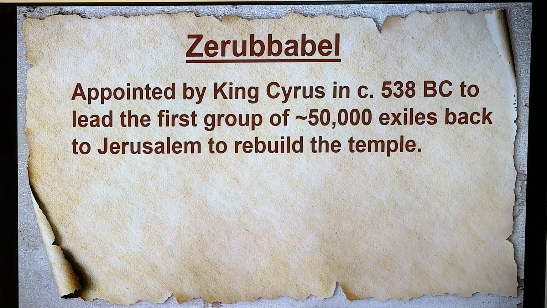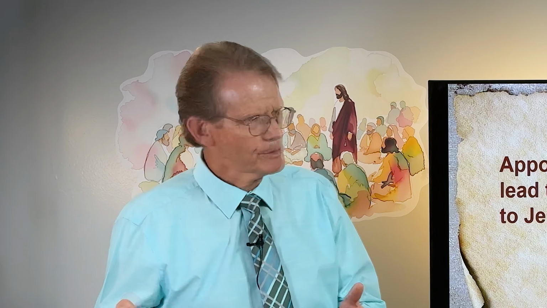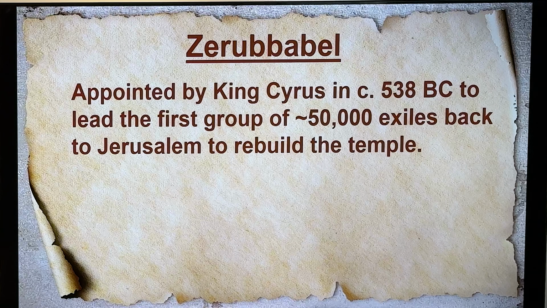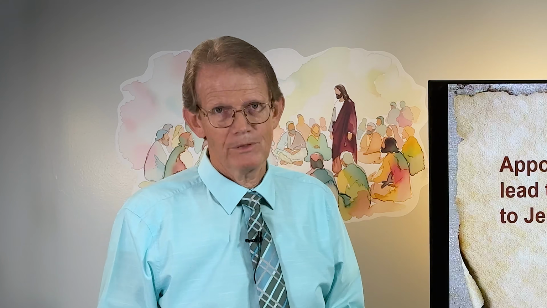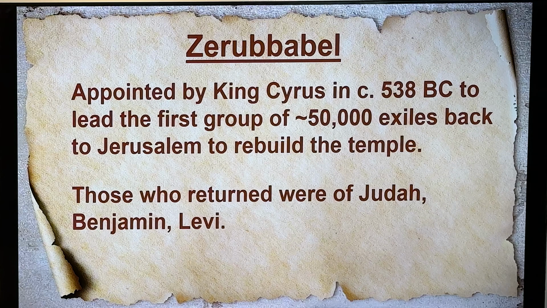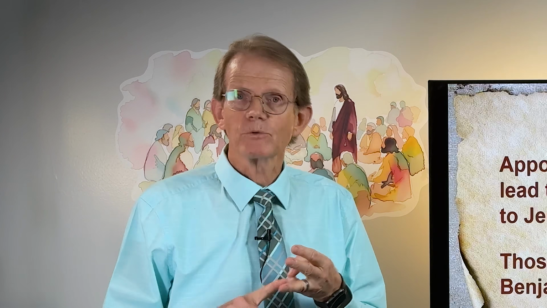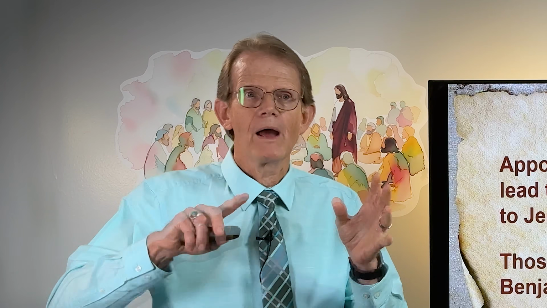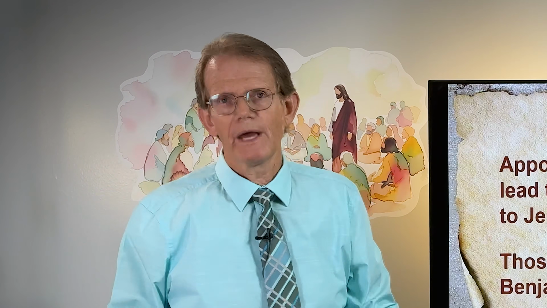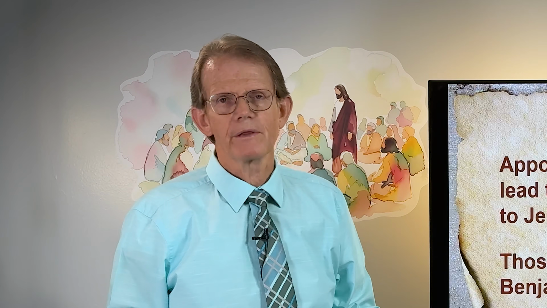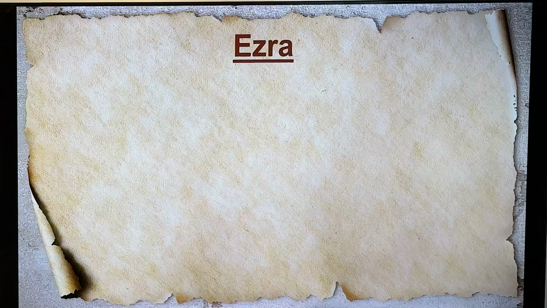Zerubbabel, who was appointed by King Cyrus in circa, that means approximately 538 BC, to lead the first group of exiles, about 50,000 exiles, back to Jerusalem to rebuild the temple. Those who returned were of the tribe of Judah, Benjamin, and Levi. There was some of Levi still around. Most of the other tribes are gone now. Ten tribes have been captured by the Assyrians, and they're gone.